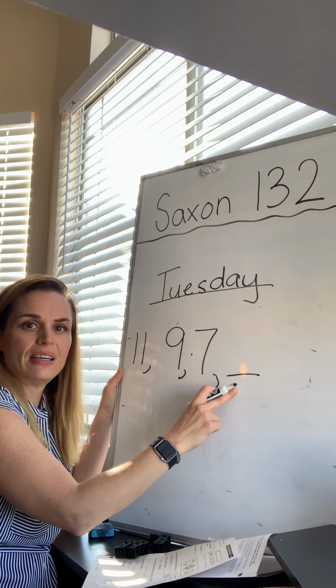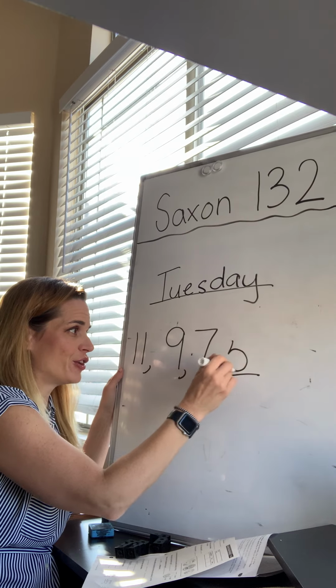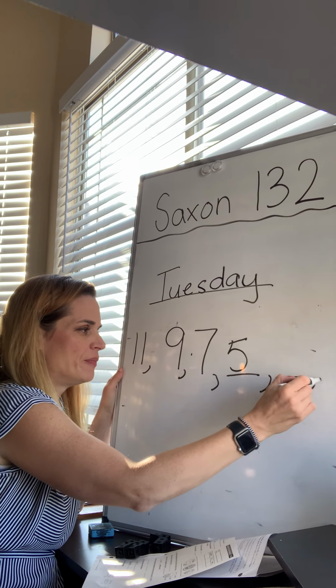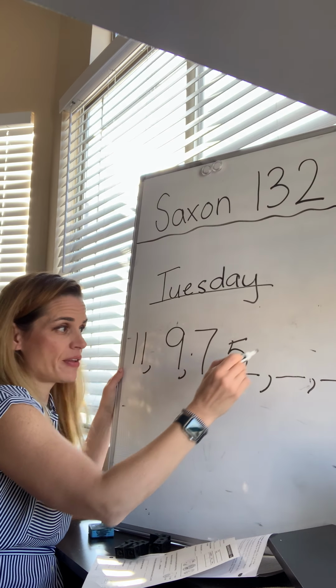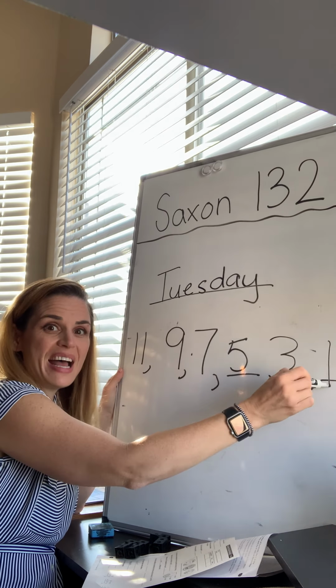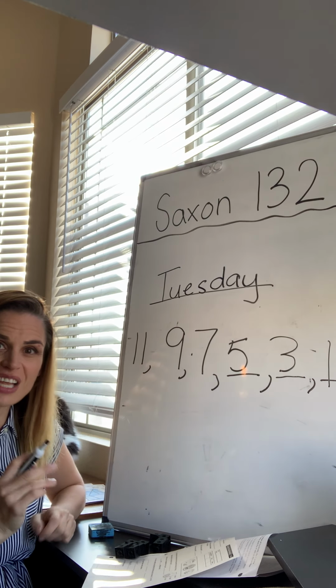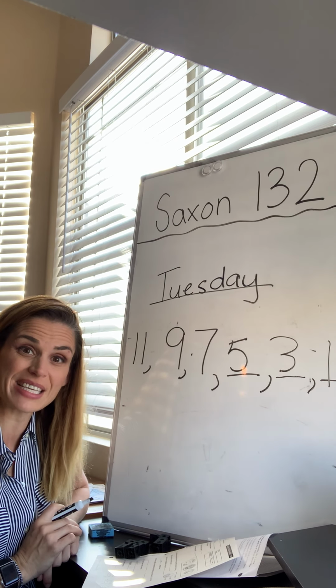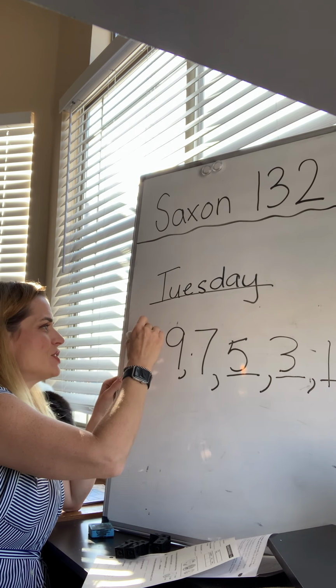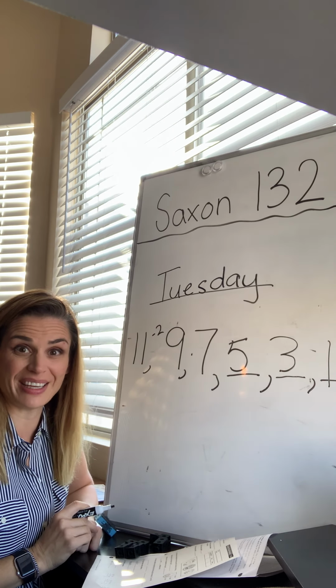What is that? 5. Good. More. We're going to do 2 more. 5 minus 2 is 3. 3 minus 2 is 1. Great job. So we finished that. It was tricky, but if we subtract 2 and we figure out the pattern minus 2, then we will know how to do it, right?